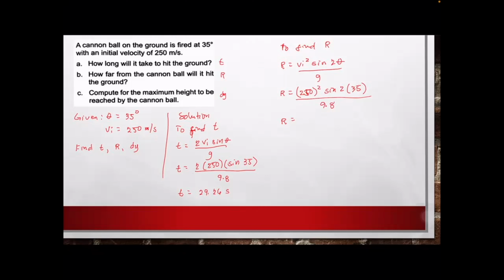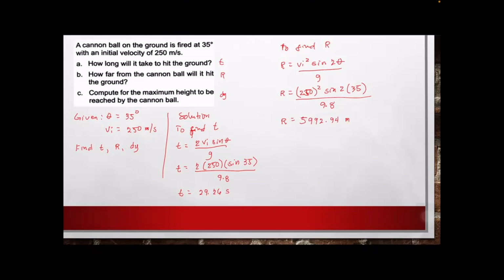What's the answer? The answer is 5,992.94 meters.